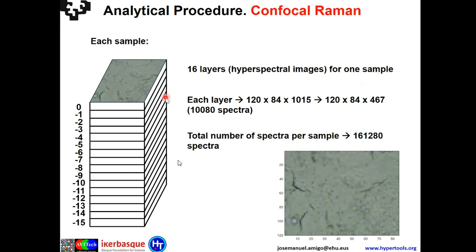So each layer was on average 120, that means 100-ish microns, times 84 microns, times 1015 data points, wavelengths or wave numbers. So basically that for each of these layers, we have 10,000 spectra. So if we have 16 layers, we have at the end 160,000-ish spectra. Oh, it's here, the total amount, 161,000 spectra. Okay?